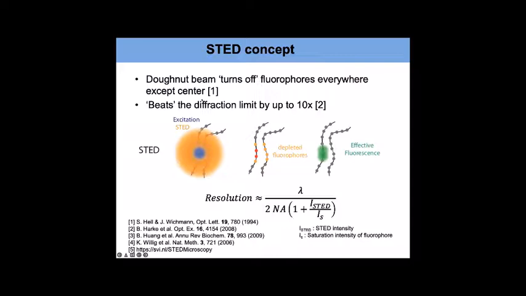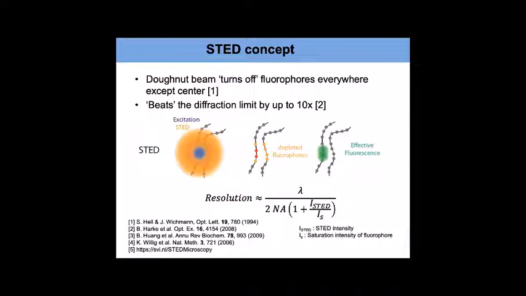So with STED microscopy, what Stefan Hell did was take a beam that was shaped into this donut at a different wavelength. It's at the wavelength of the emission of the fluorophore. And what happens is that in the region where you have this intensity at the STED wavelength, you actually get stimulated emission of those excited fluorophores.